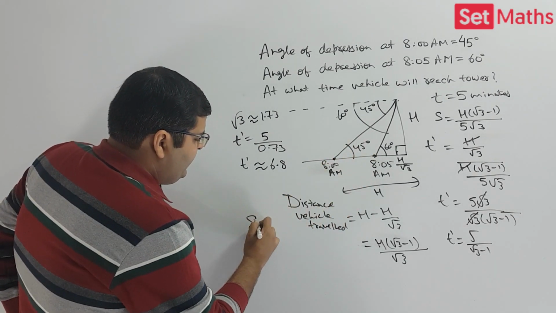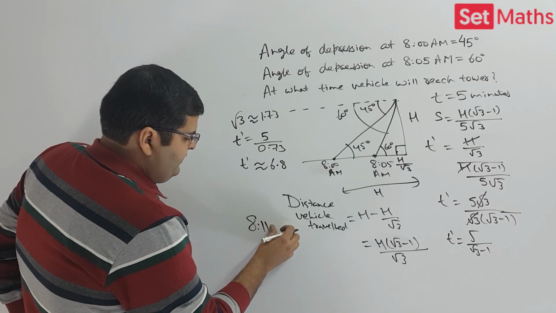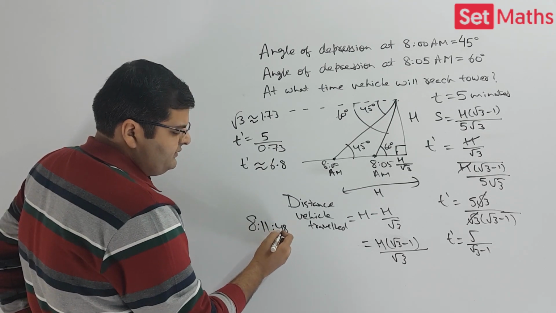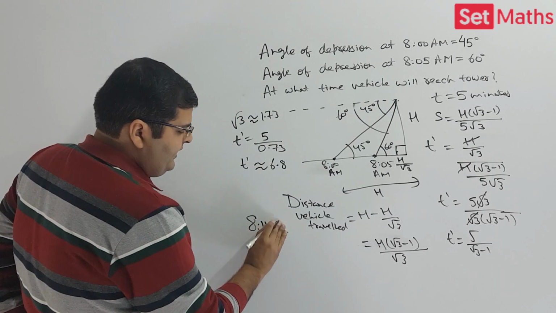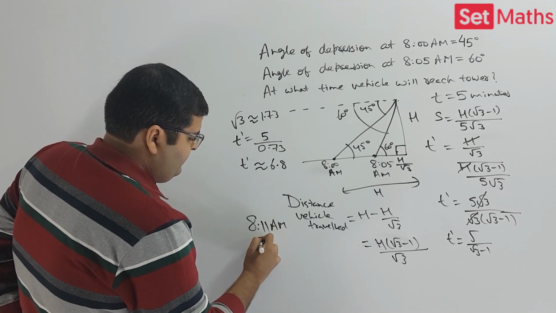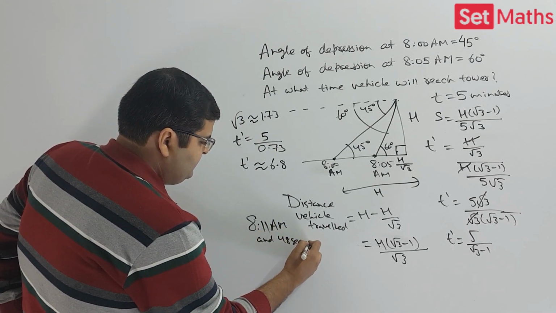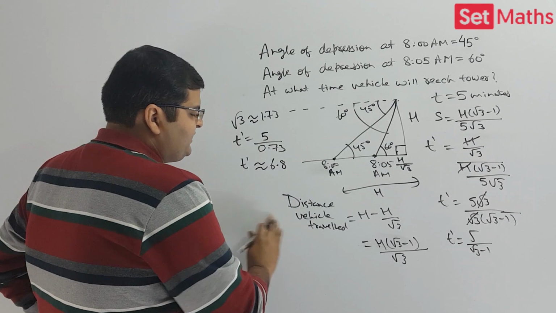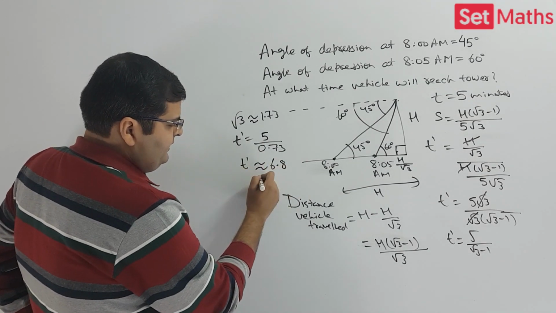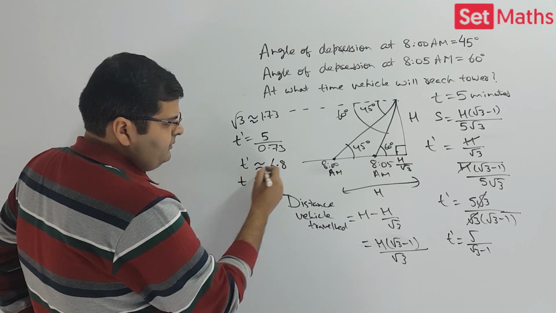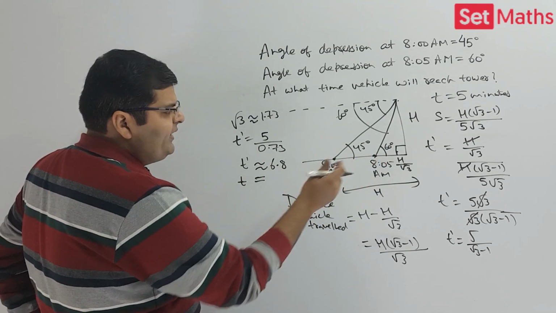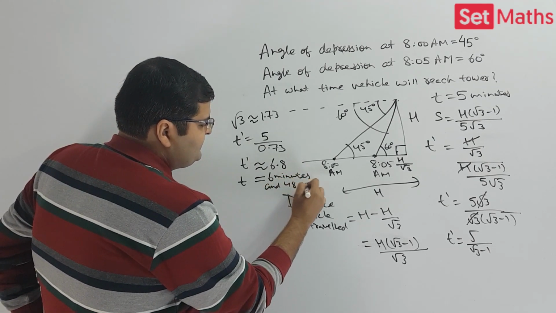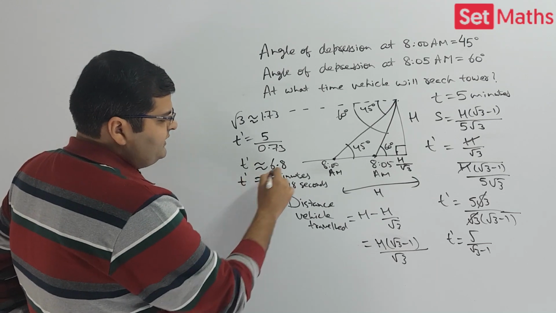So it will arrive at 8:11 a.m. and 48 seconds. If you look at the options, it says 48 seconds past 8:11. Because 6.8 minutes translates to 6 minutes and 48 seconds, t dash is 6 minutes and 48 seconds.